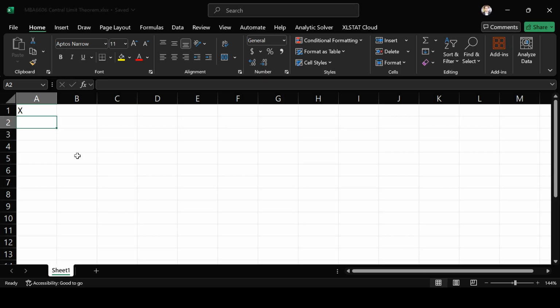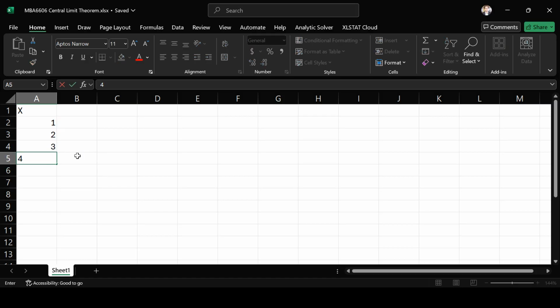There are 6 possible outcomes: 1, 2, 3, 4, 5 and 6. Each of these has an associated probability of occurrence.